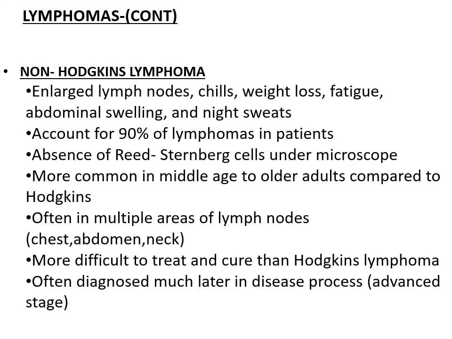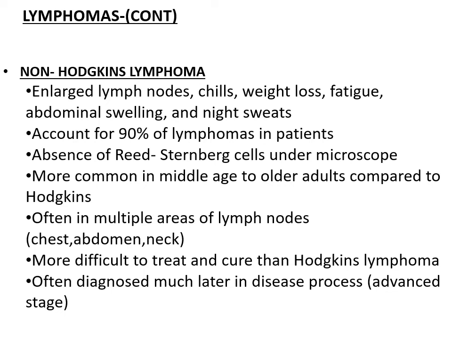And when the lymph node is biopsied and looked at under the microscope, they don't have any of those Reed-Sternberg cells present. Okay? Non-Hodgkin's lymphoma is much more commonly developed or acquired in middle age to older age, compared to Hodgkin's, which is in younger people.